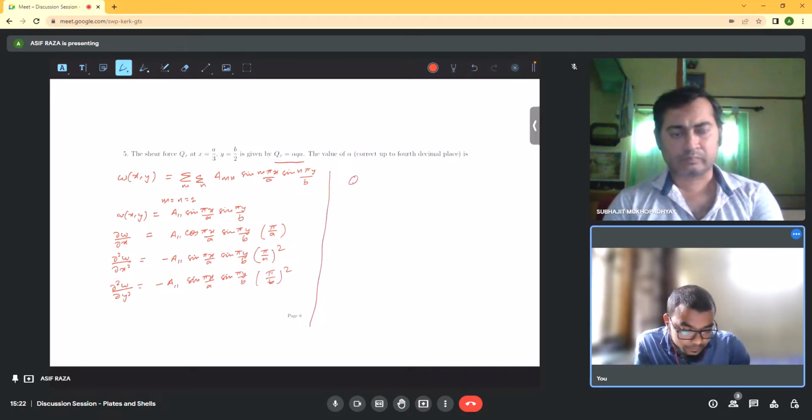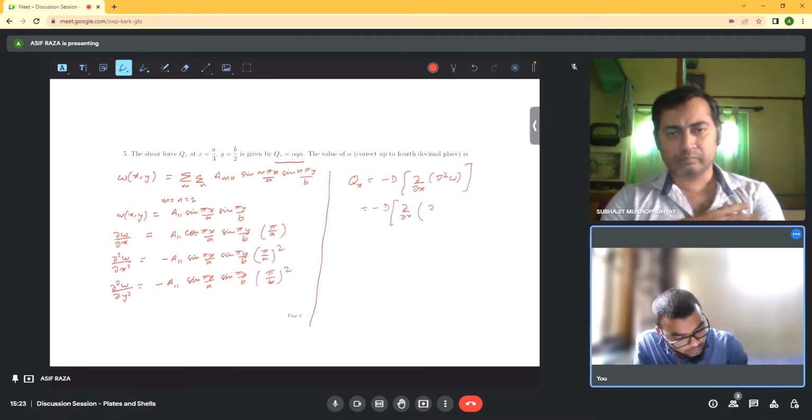And we know what the shear value of Qx is. It's given by del by del x of del square w by del x square plus del square w by del y square.